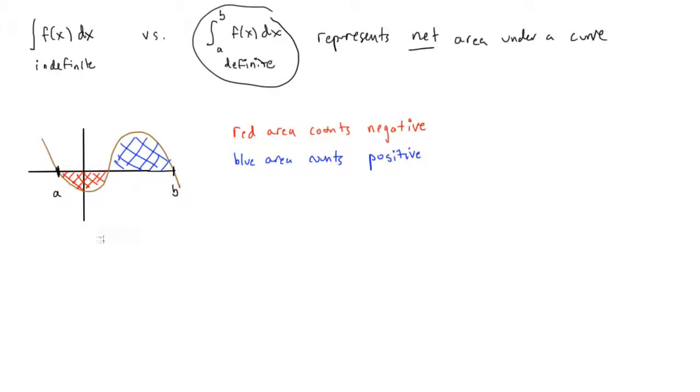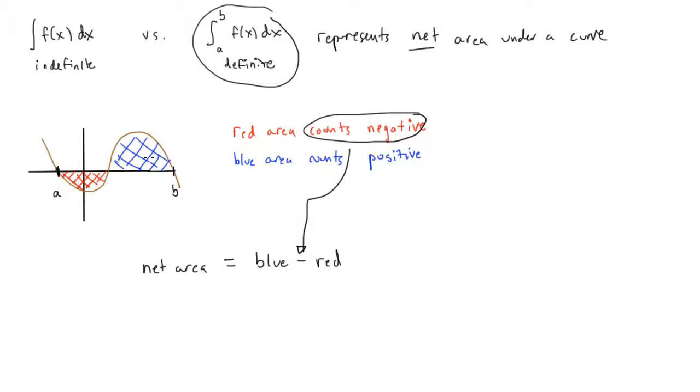Okay, and so the net area would be the positive stuff taking away the negative stuff. So we'd have blue minus red, and the minus is capturing the counts negative part.